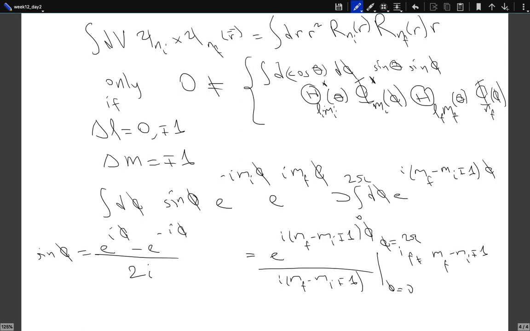But you see, this exponential function is periodic in 2 pi. So when phi is equal to 2 pi and when phi is equal to 0, this exponential is just 1, because this is an integer. 1 minus 1 gives me 0.